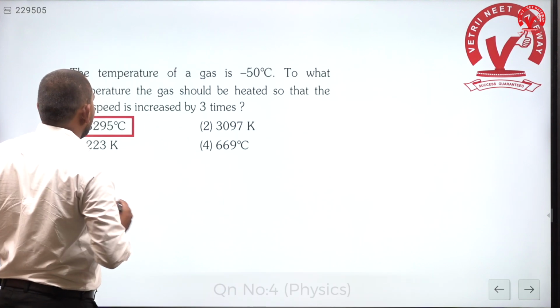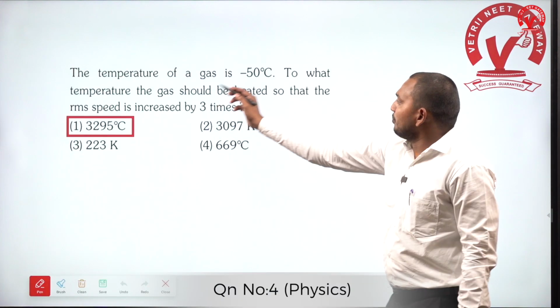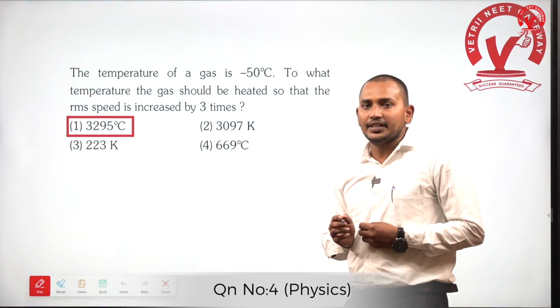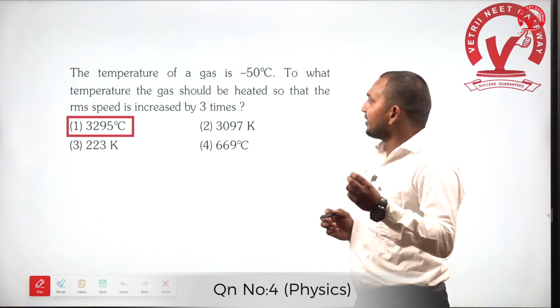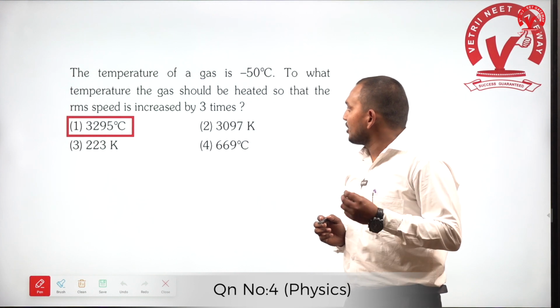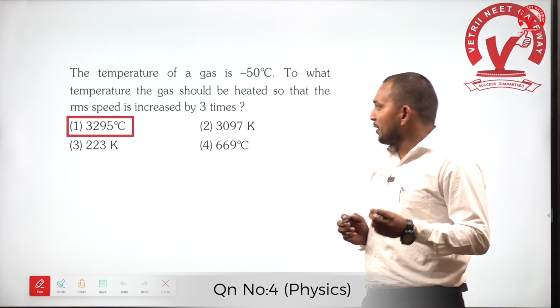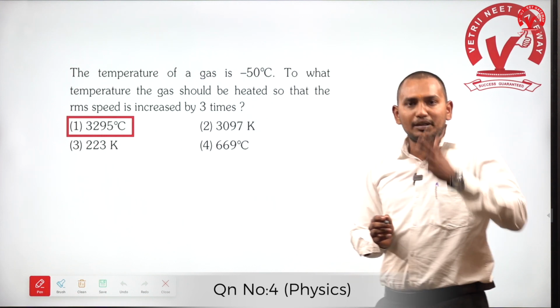Next, we are moving to the next question. The temperature of a gas is minus 50 degrees Celsius. To what temperature should the gas be heated so that the RMS speed is increased by 3 times?